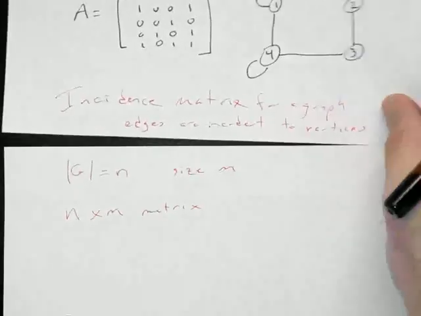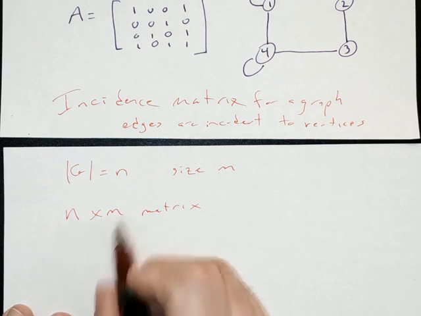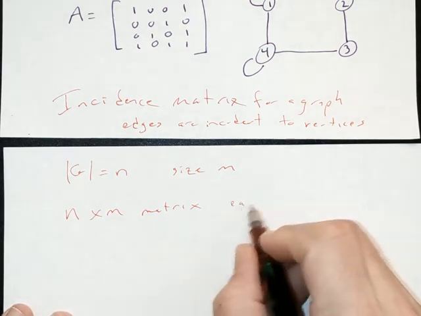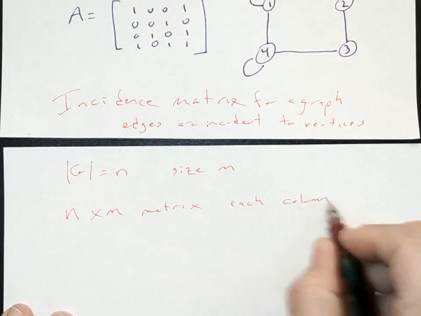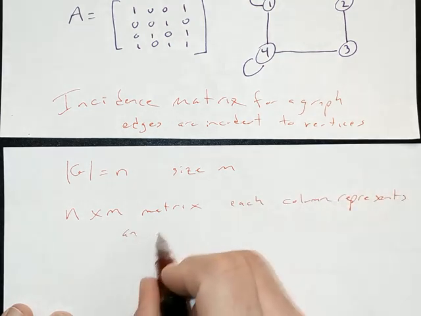Now, the only way to do this is to have stuff labeled. And this time, not only do I need to have all of my vertices labeled, I need to have all my edges labeled. I'm going to make life easy and label everything with numbers, or I'll label everything with lowercase letters and we'll do it all in alphabetical order.